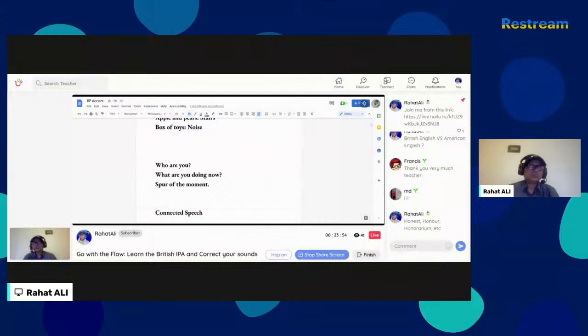Now, what are you doing? So you can see after E there is also I sound, a Y sound. The Y becomes I. What are you doing? The impact is that because there is E at the end of R, E, and next word starts with Y, which is I, it connects two words together.